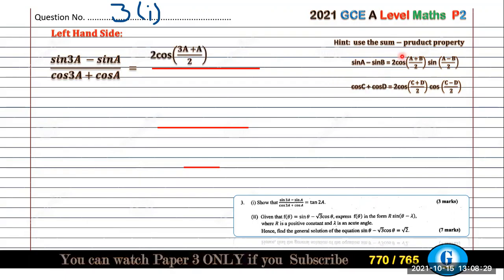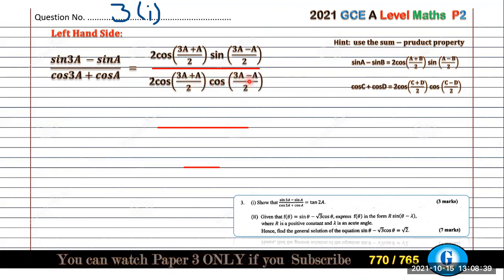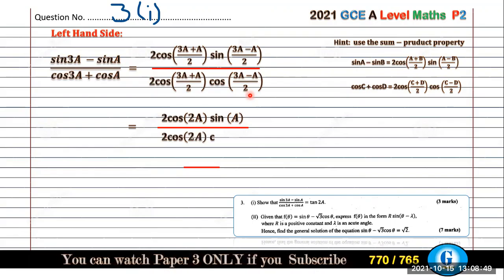So the numerator is going to give us 2 cos((3a+a)/2) sin((3a−a)/2), over the denominator, 2 cos((3a+a)/2) cos((3a−a)/2). So this will be equal to 2 cos 2a sin a over 2 cos 2a cos a.